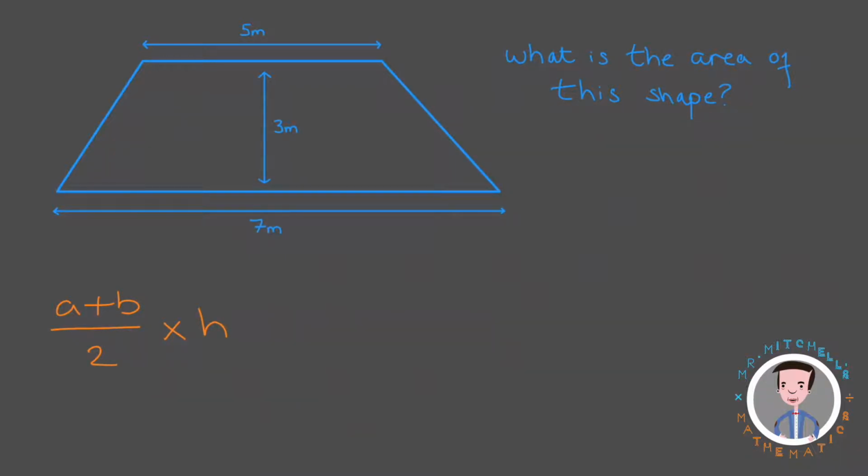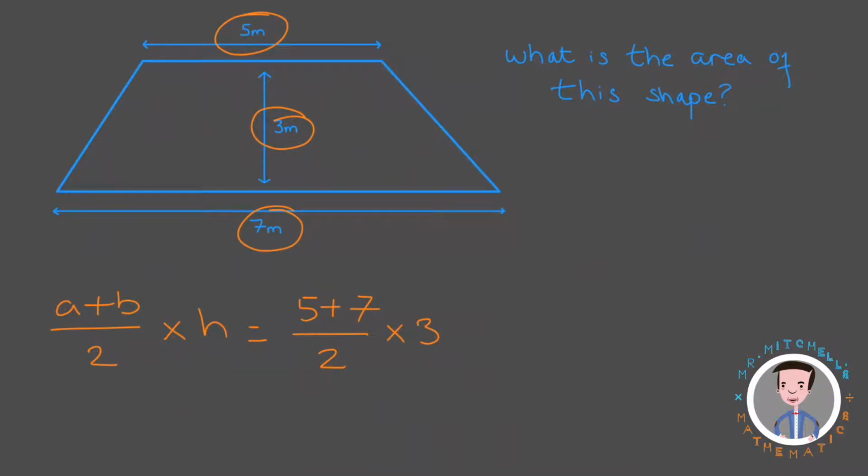This may still seem a bit complicated, so why don't we use the worked example in front of us to make it more straightforward. In this case, we have 5 and 7 meters as the two parallel sides, so we add those together and divide them by 2. The next step is to times that by the height between them, which in this case is 3 meters, so times by 3.